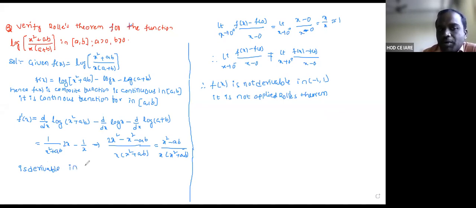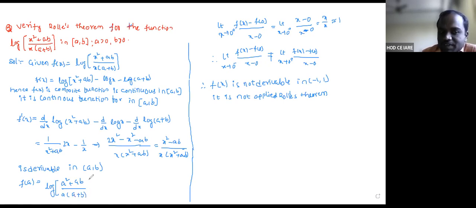In open interval of a comma b, it is also derivable in the a comma b, also satisfying the conditions. So next, the third condition, f of a is equal to, in the first equation, x is replaced by a, so log of a square plus ab by a of a plus b.